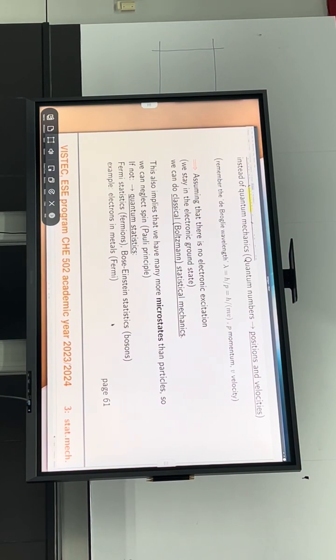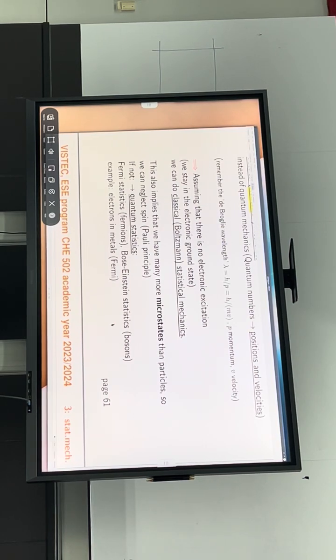And then there is another type of statistics which is called Bose-Einstein statistics. Bose-Einstein statistics holds for particles where the spin is not 1/2, but where the spin is 1 or 2 or 3. There are such particles and they are called bosons.